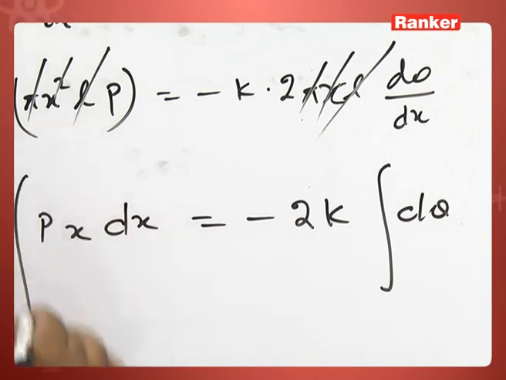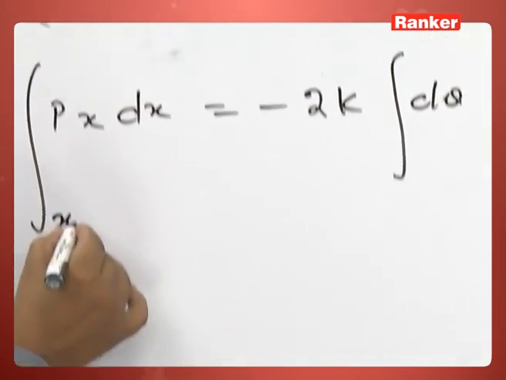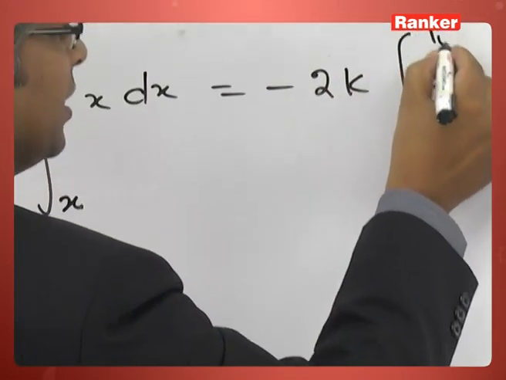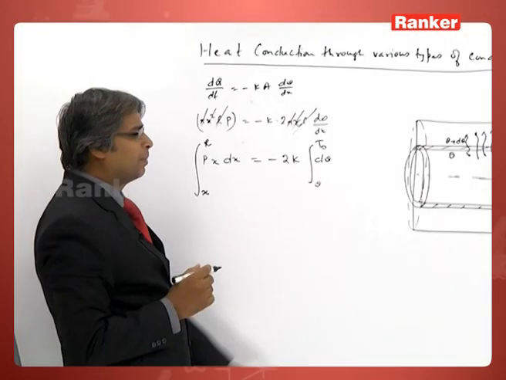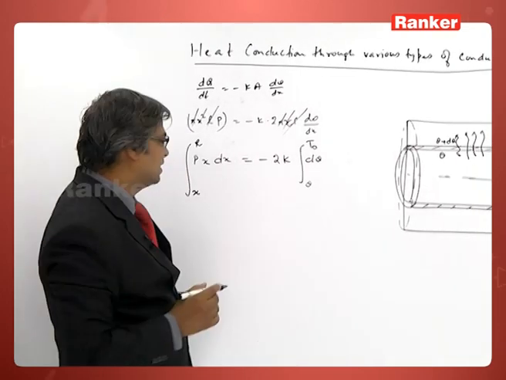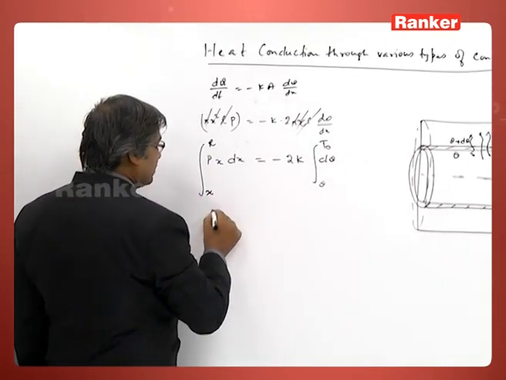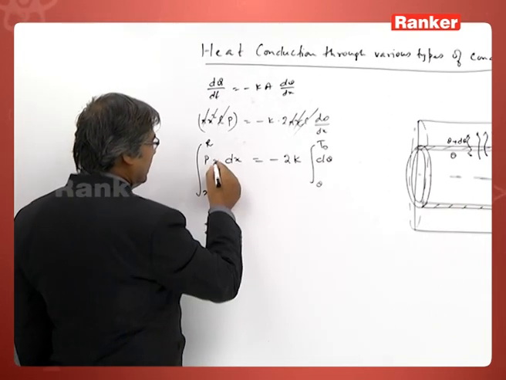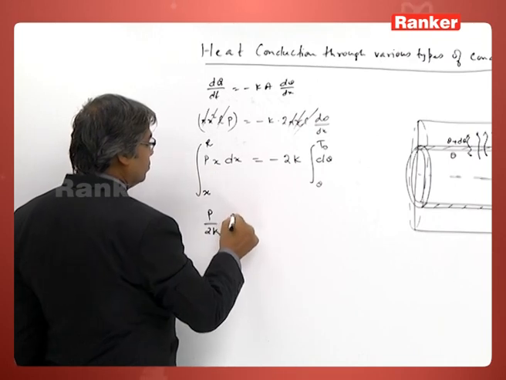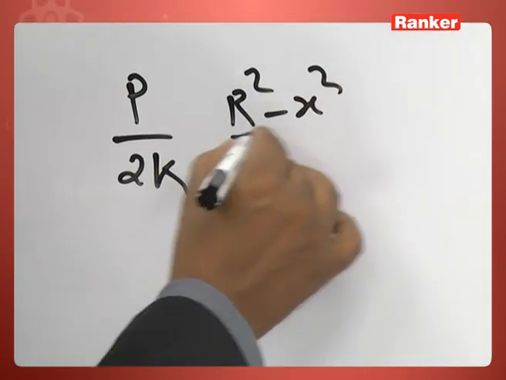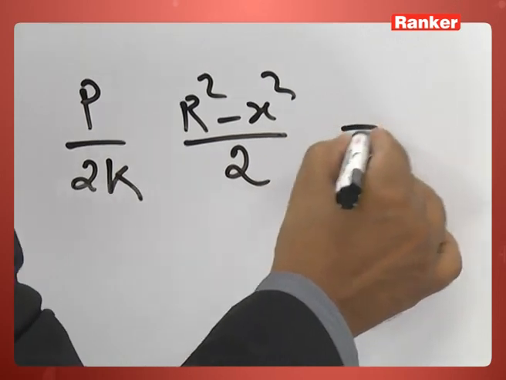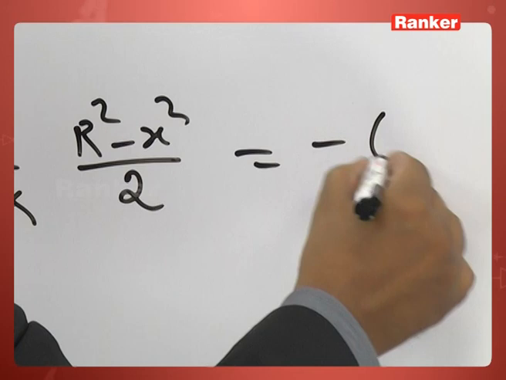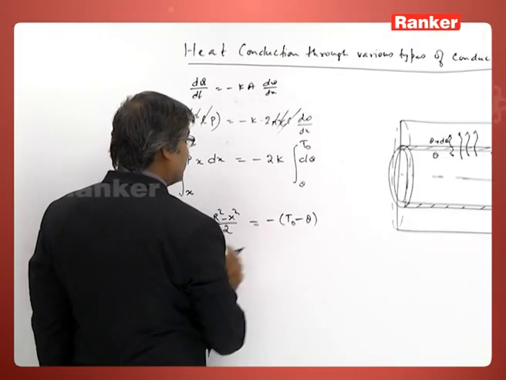If I put the limits, then when x is x, theta is theta. When x becomes r, this is T naught, the steady state temperature on the surface of the cylinder. We carry out integration, P is here, I can bring 2k here, and then x means x square by 2, I have r square minus x square by 2, that becomes, this minus sign will go. So, minus I will get T naught minus theta.